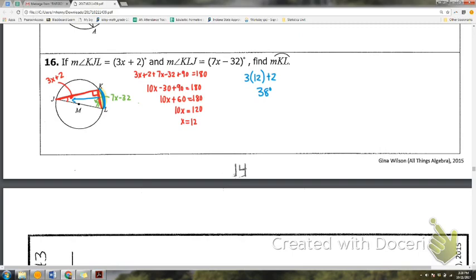That's how much my angle is. My angle is 38. Okay. But I have to double that to get the arc. So 2 times 38 gives me 76. So put your label on at the end. The measure of arc KL is 76 degrees. All right.